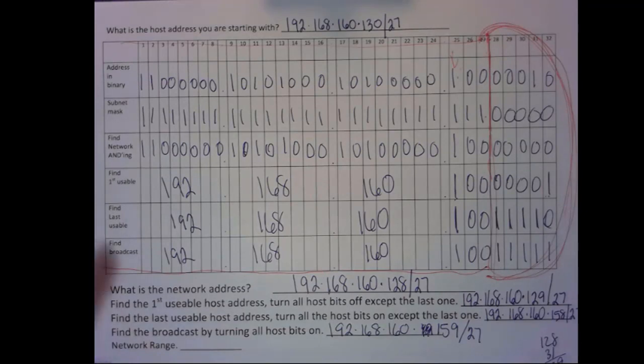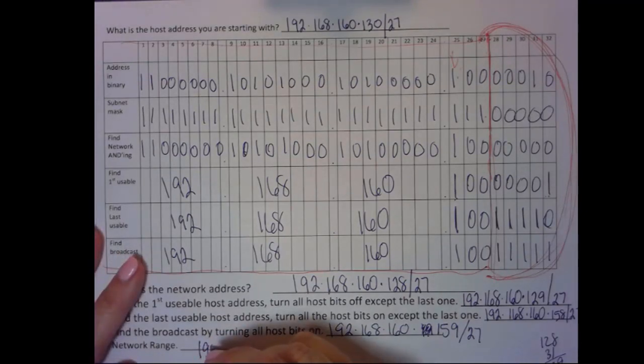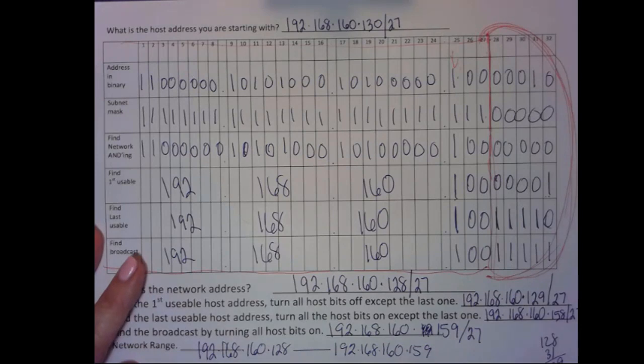Okay, so my range is my network address, 192.168.160.128, which is my network, all the way through my broadcast. So remember, these two addresses cannot be used on any of my host devices, right?